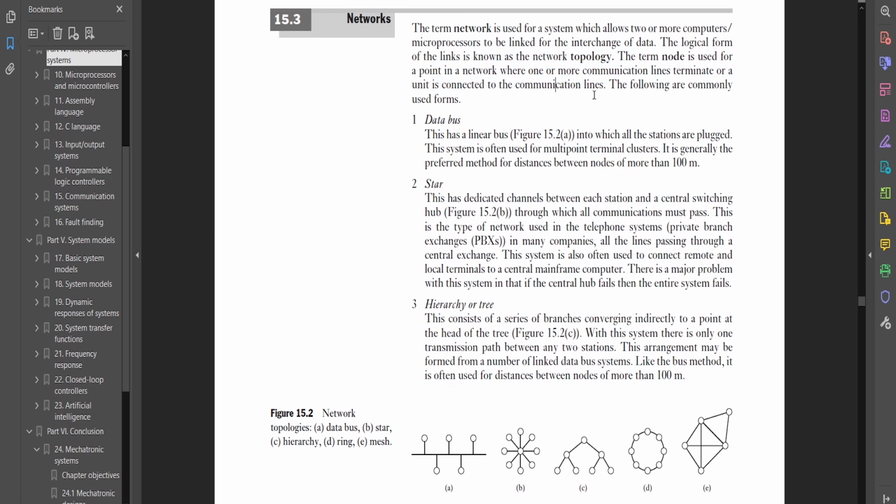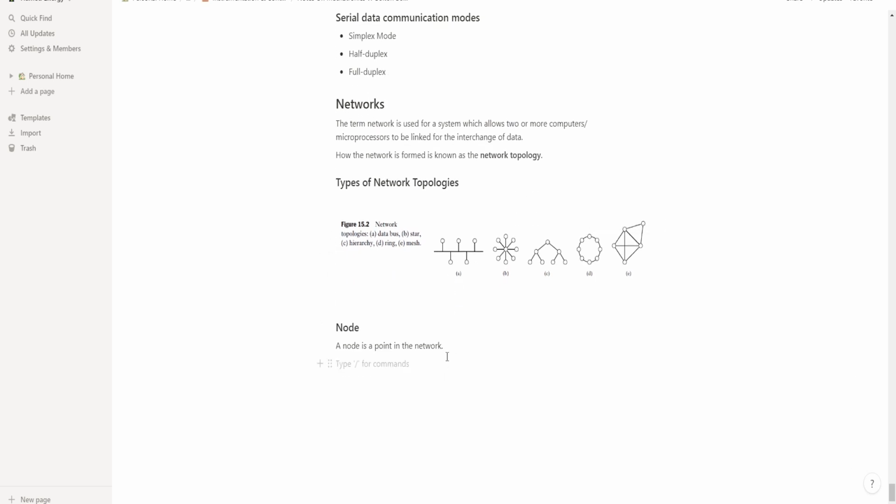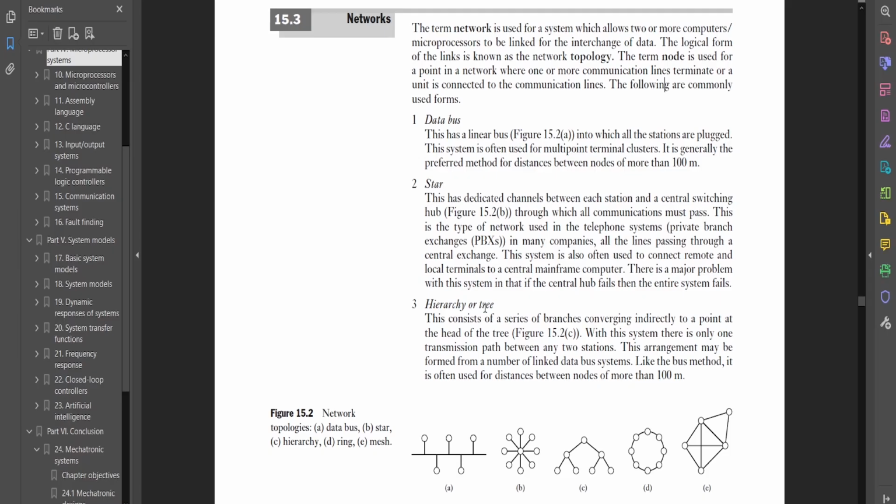I'm going to leave that out because that can just be confusing, especially if I'm reading that at 2 a.m., 6 hours before an exam. Don't confuse myself. Okay, so the following are commonly used forms. Let's put node here, get rid of this, and then let's talk about data bus.